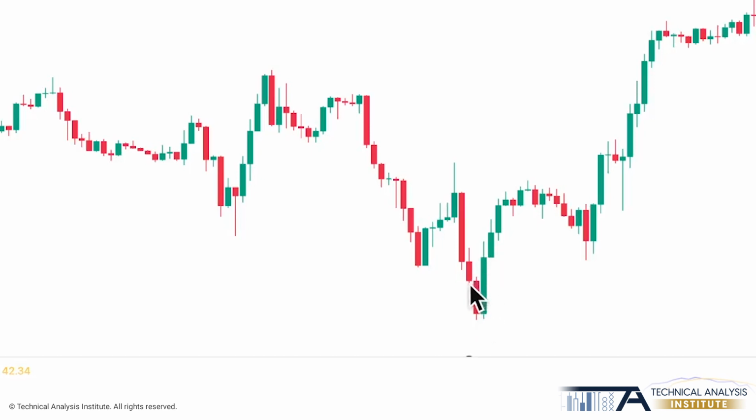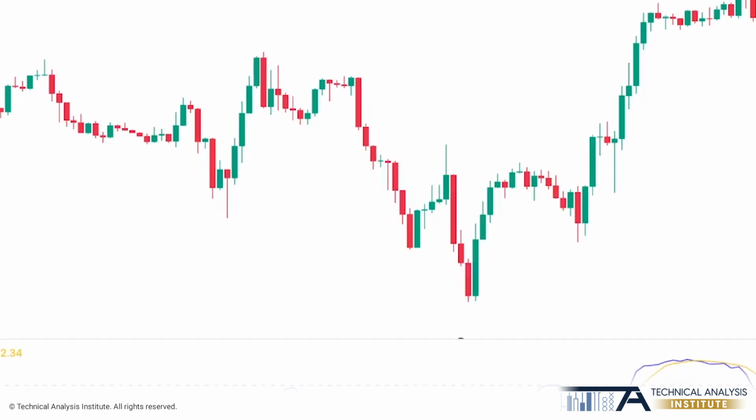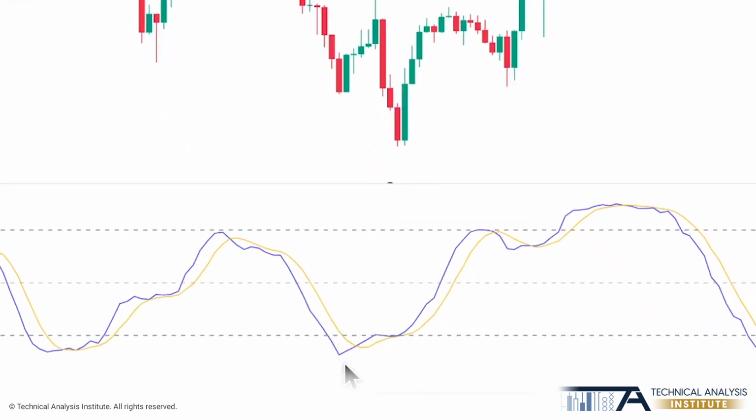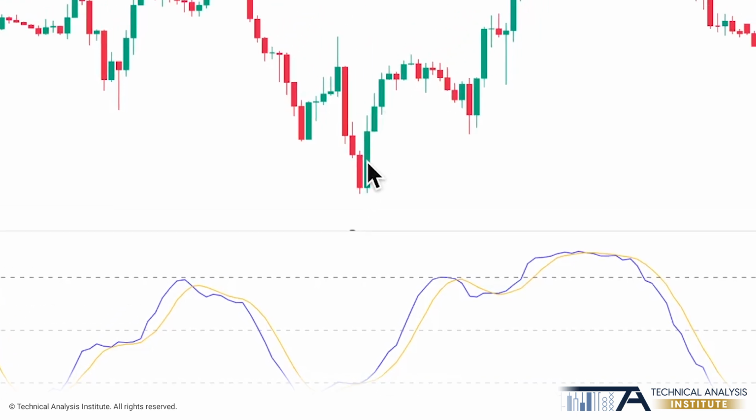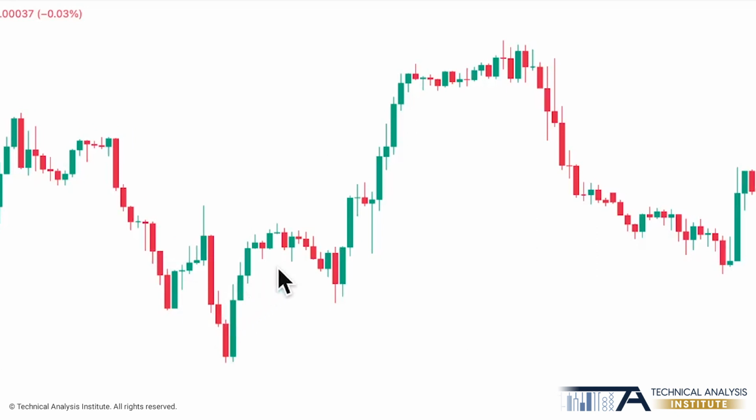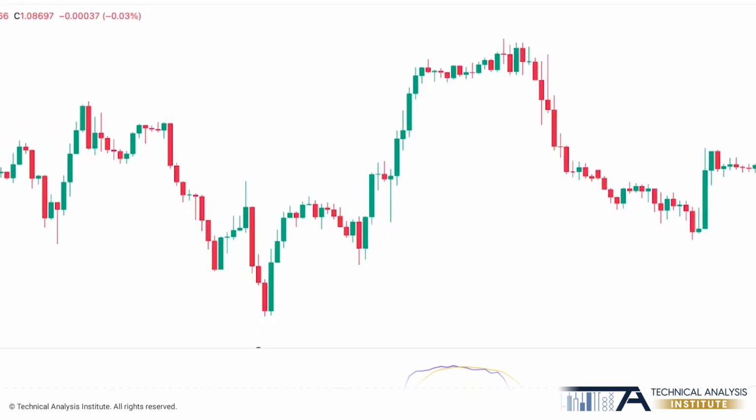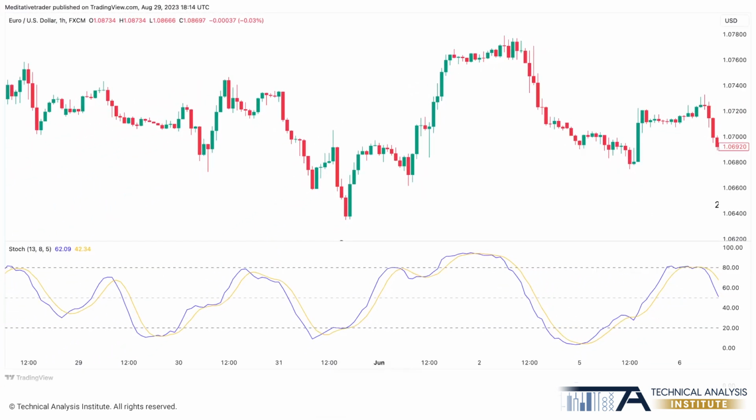It engulfs the entire range of the previous candle. And you can see here how the stochastic was already in the oversold area, confirming or validating this signal. And you can see in an hourly time frame how good this signal worked. This is a very good signal that is worth learning, it's easy to take, and is worth taking as well.